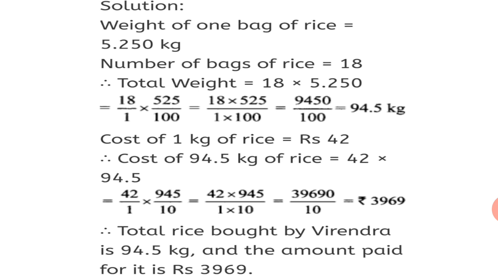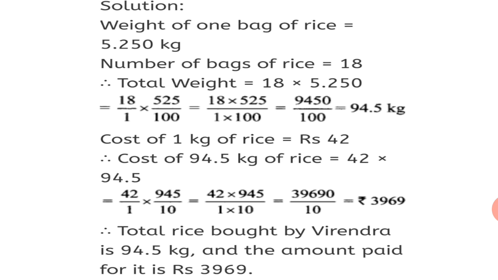Solution: weight of one bag of rice is equal to 5.250 kg. Number of bags of rice is equal to 18. Therefore, total weight is equal to 18 into 5.250. Now this we write in the form of fraction first, or you can directly multiply using second method. Using first method, the steps are 18 upon 1 into 525 upon 100.